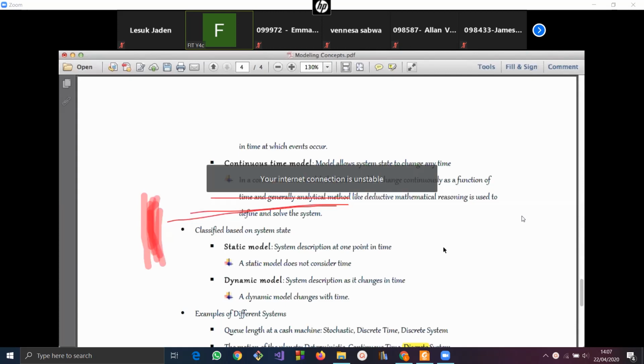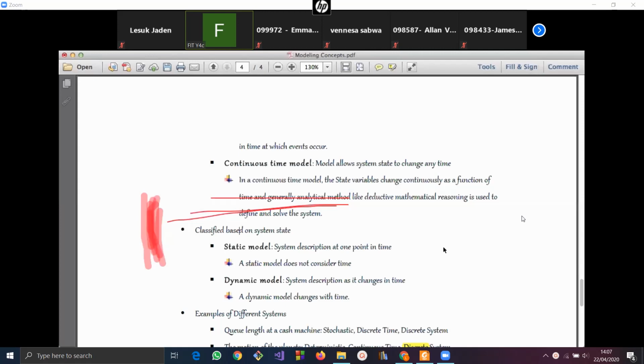What we have put there, we say models allow system state to change anytime. So unlike the discrete time, in the discrete time, the changes will occur at a specific time. For instance, let's reflect on systems like weather.